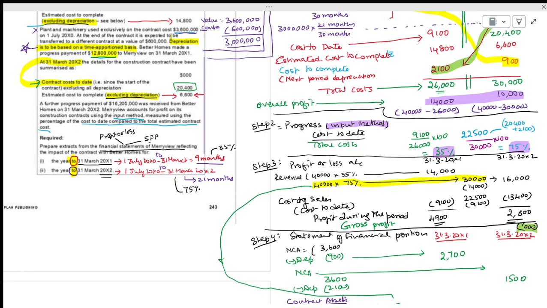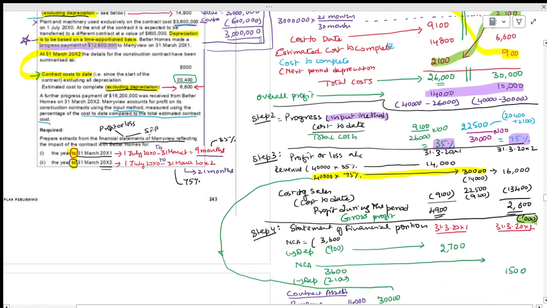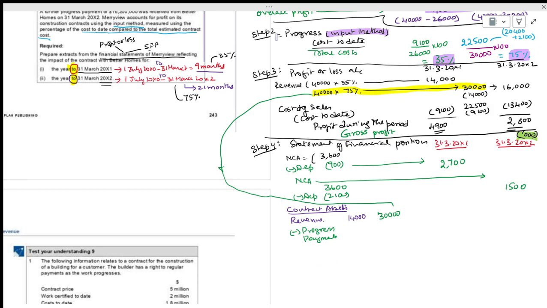It is there, on the left hand side. I am putting it in purple color. Progress payment is there. How much? Yeah, 12.8.